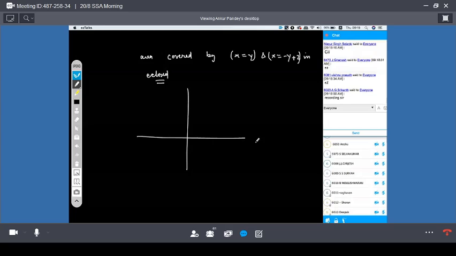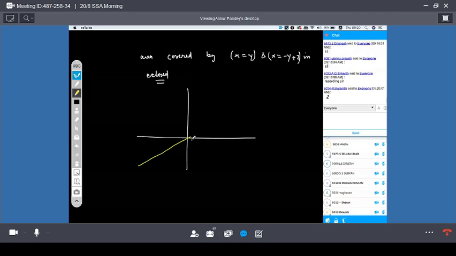See, x equal to y is here, x equal to minus y plus 2, y equal to 0, x equal to 2, x equal to 0, y equal to 2. Right?